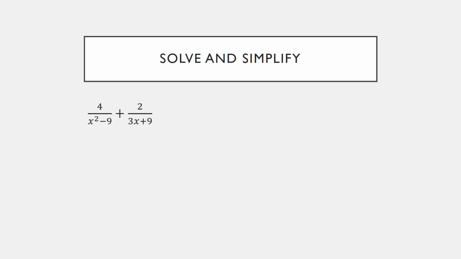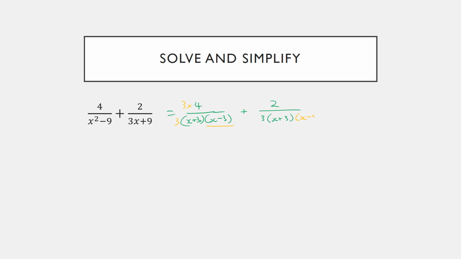All right, finally we have this expression. Again, we factorize. We have 4 over a difference of 2 squares, (x plus 3)(x minus 3). We have plus 2 over, and we'll factorize the highest common factor, 3(x plus 3). Now, again, we want the denominators to be the same, so we need to multiply the first one, numerator and denominator, by 3. And the second one, we're missing the x minus 3.